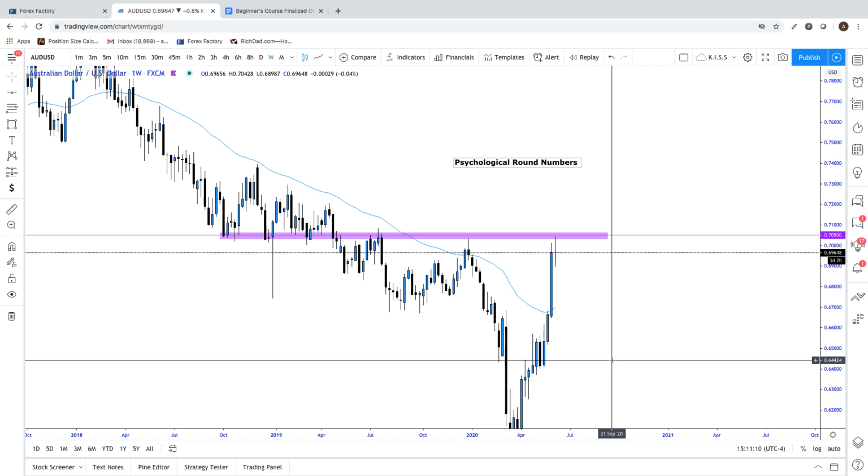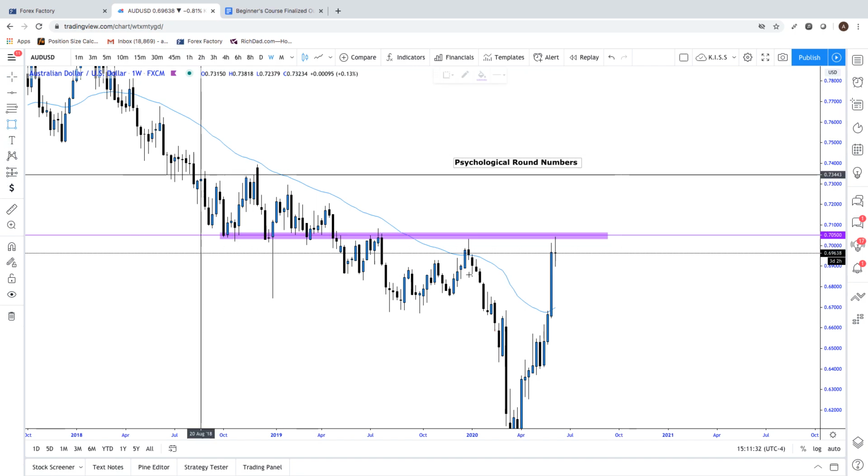So we want to understand how the banks play the market. We want to understand where the banks enter their trades. Right? Where the big moves are going to occur from. So we can take those clues and capitalize off of them ourselves.